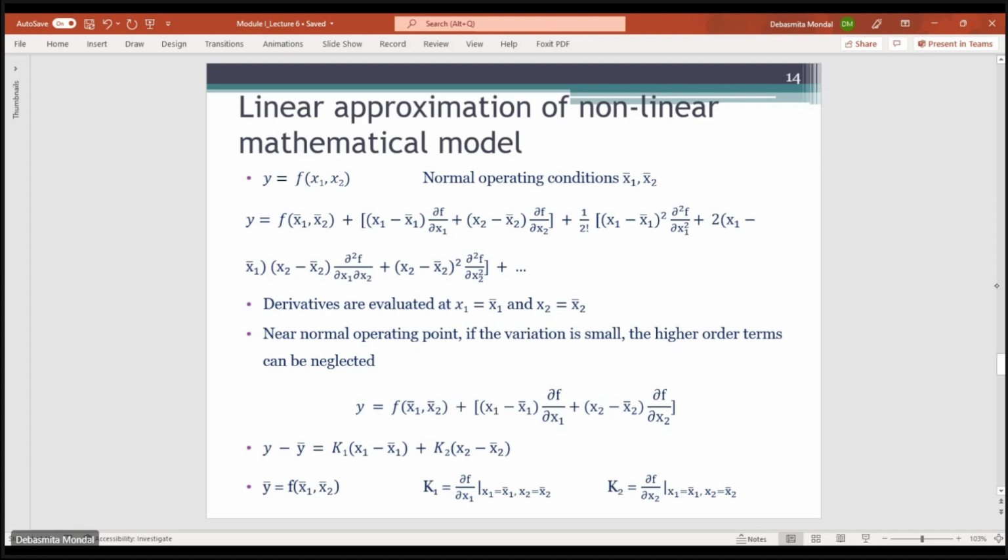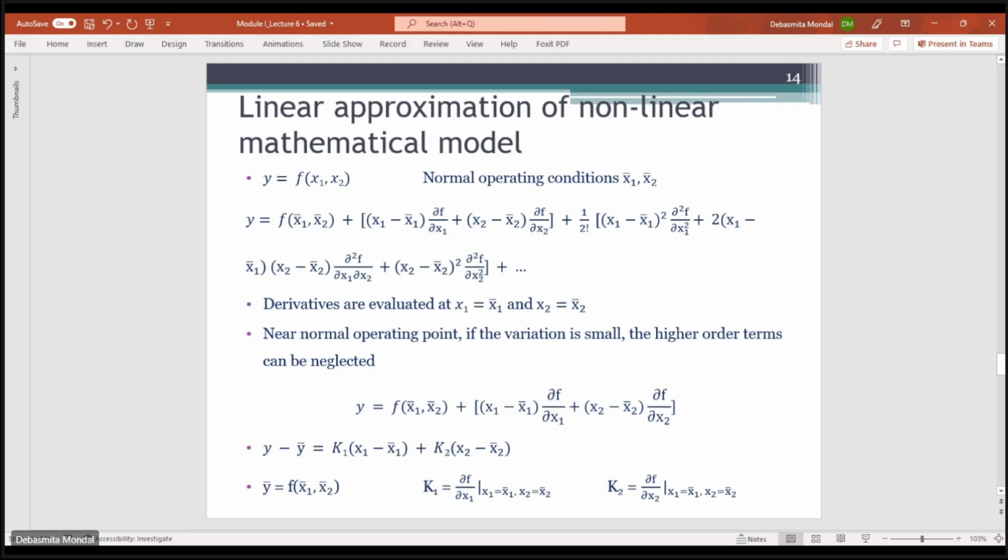So now you can write y equals f of x1 bar comma x2 bar plus, similarly, you will have two terms. Since there are two independent variables, we will have the partial derivative instead of the normal derivative. So you have (x1 minus x1 bar) into del f by del x1 and so on and so forth.